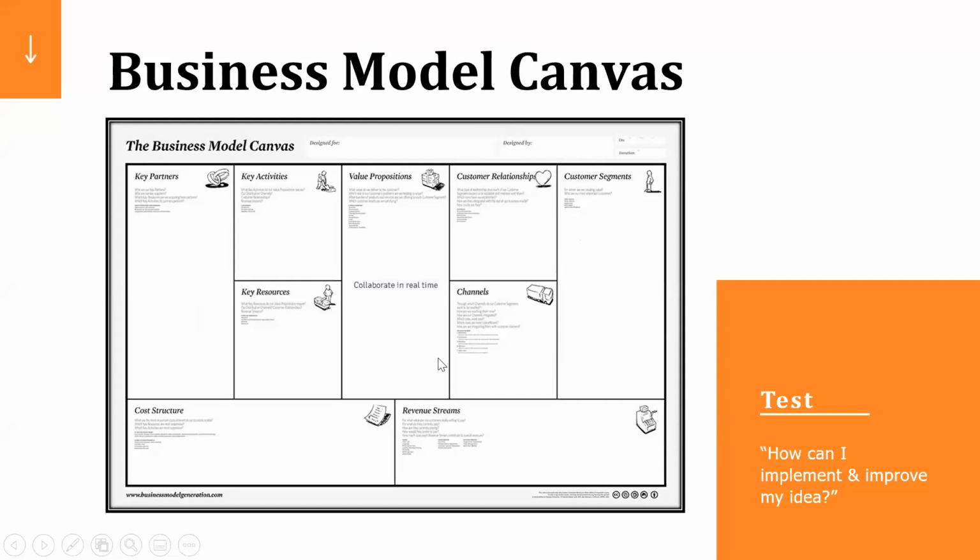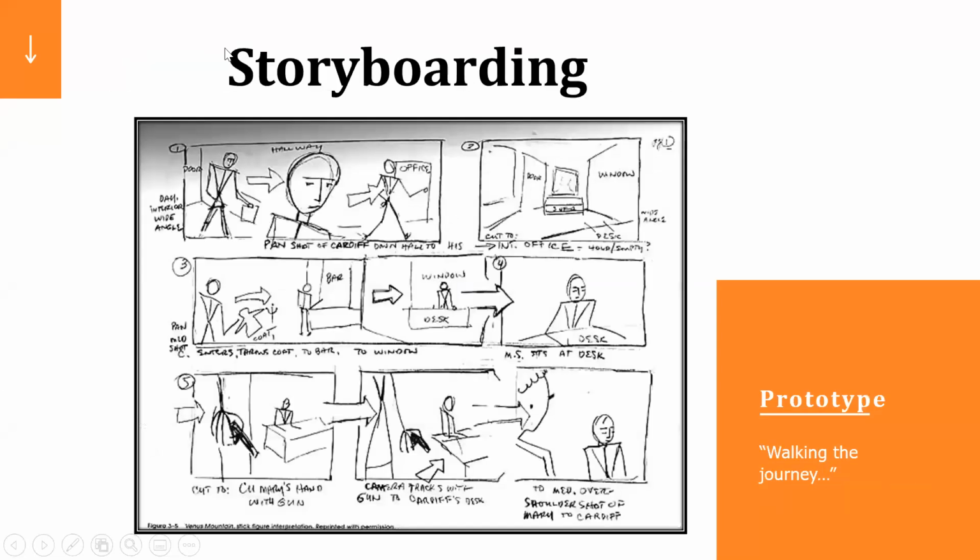We mainly talked about the key activities, value proposition, customer relationship and customer segments. We mainly focused on the customer journey, and how the customer interacts with our product, right?